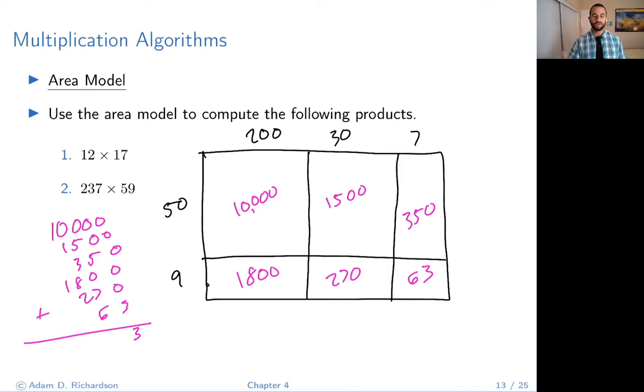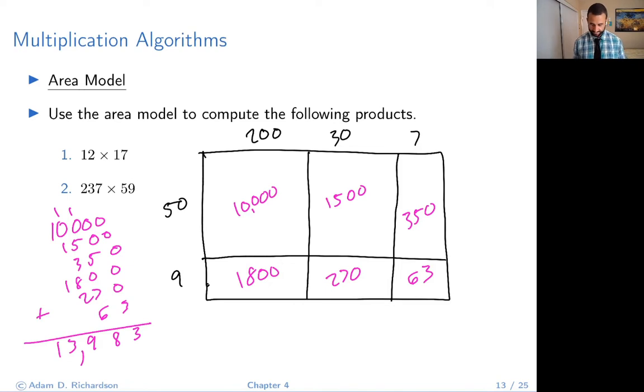You could use the standard algorithm, the expanded algorithm. I just added the ones, and then I'll do the standard algorithm. There you go, 13,983. And there you go, that's the area model.